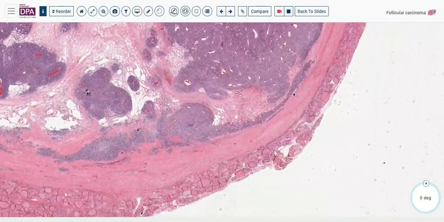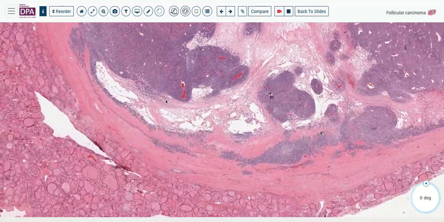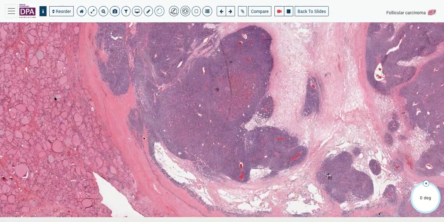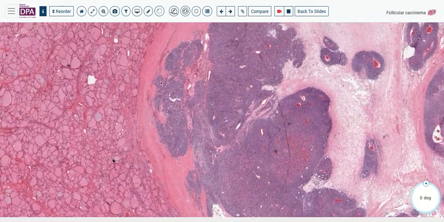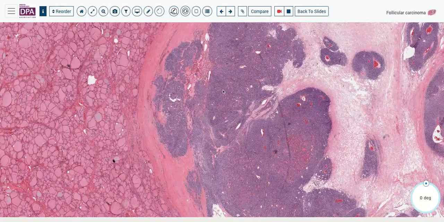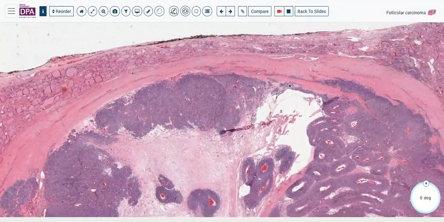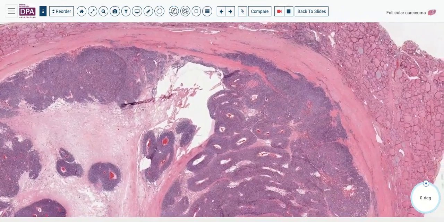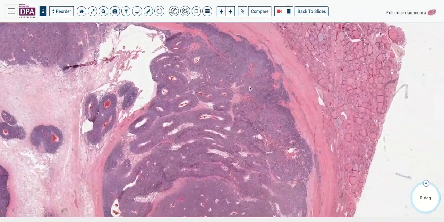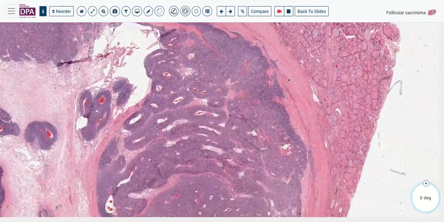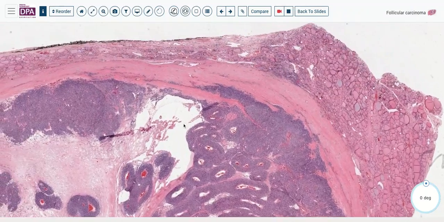Well, adenomas typically have a very dense fibrous capsule. And here we can begin to see early invasion in one of these. Here's more of that pattern. So in this section, we see several areas where we're beginning to see capsular invasion, but we don't have established fully penetrant capsular invasion.